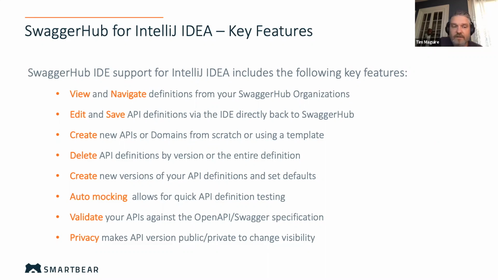Also validating your API against the OpenAPI specification, and getting instant feedback if it's not up to standard. And lastly, making an API public or private, setting the default version of an API, publishing an API, and unpublishing an API can all be done directly within the IntelliJ IDEA user interface.